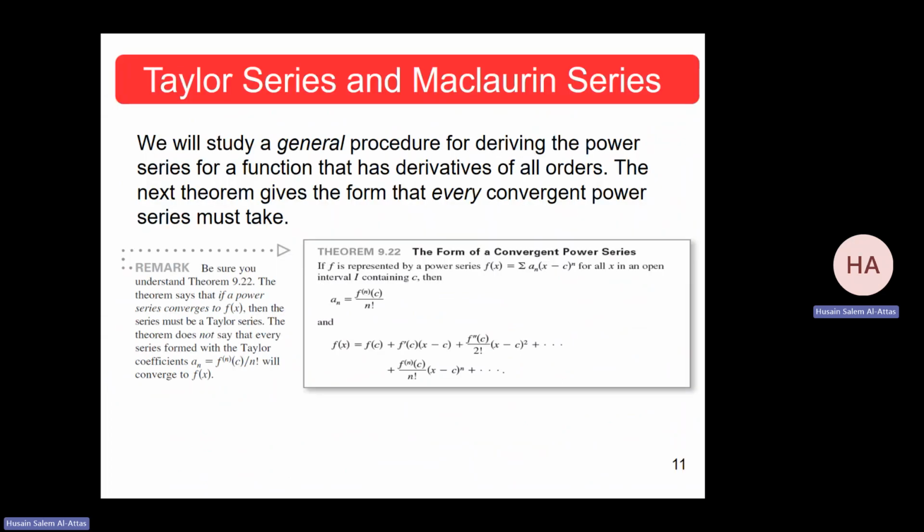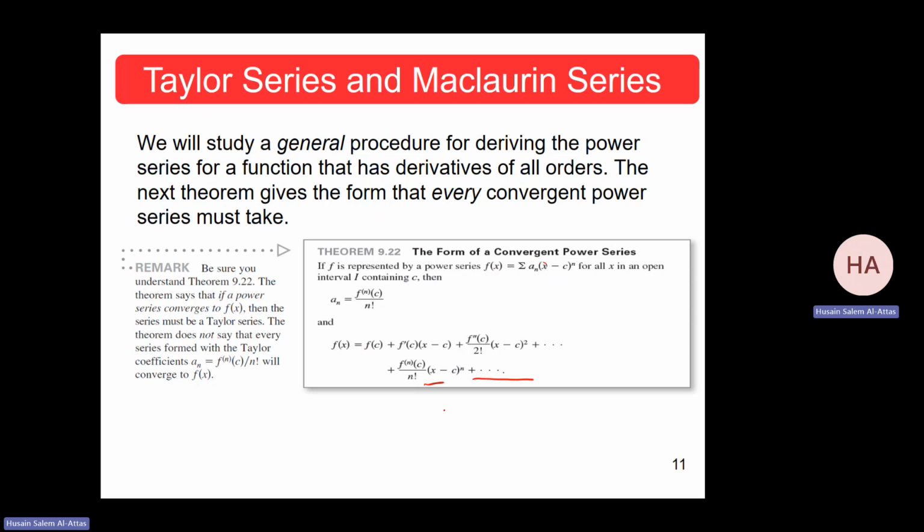Now, what will happen to the series? What will happen to this Taylor polynomial or Maclaurin polynomial? It will be a series now. I continue. I will not stop at n. I will continue, so I'll have a series. So f can be represented by a series now. What is the nth derivative? What is the an? So, power series.